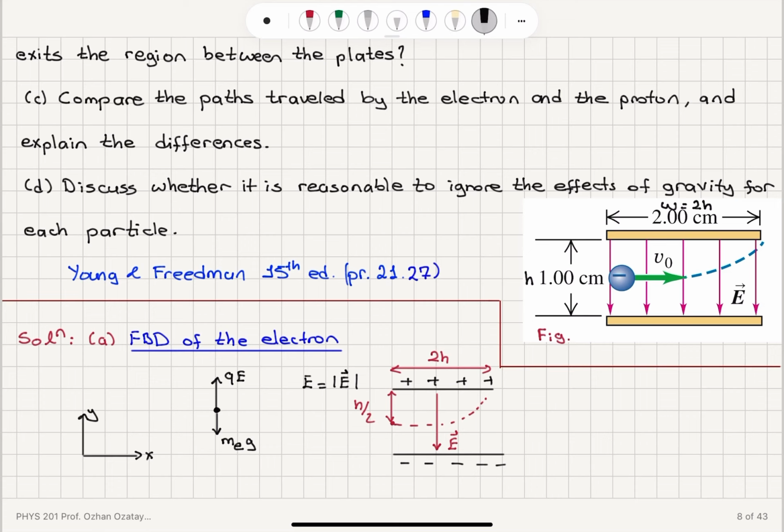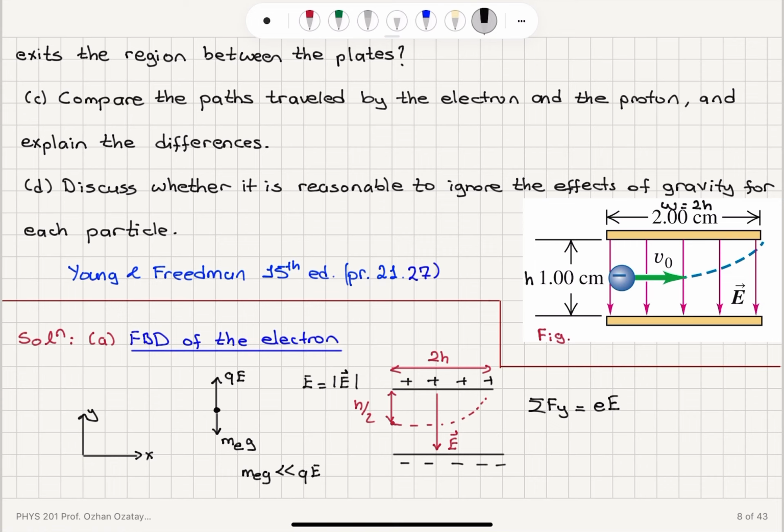So if I write the net force on the y-axis for this electron, it's going to be the electrical force, e times E. That's because the weight of the electron, mg, is much less than the electrical force.